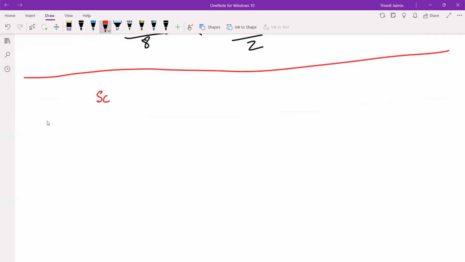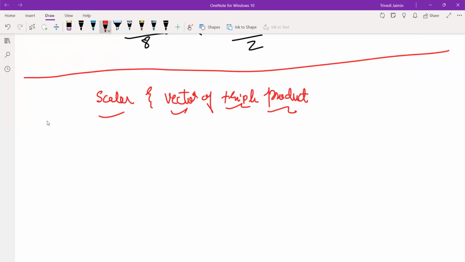Scalar and vector triple product. So let's start with the basics. Let there be three vectors.